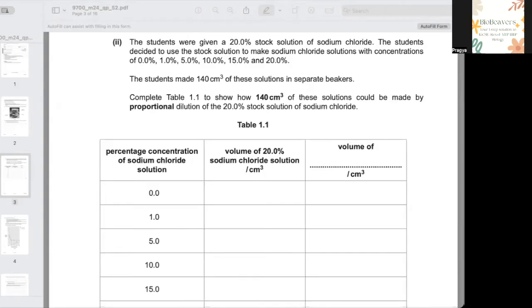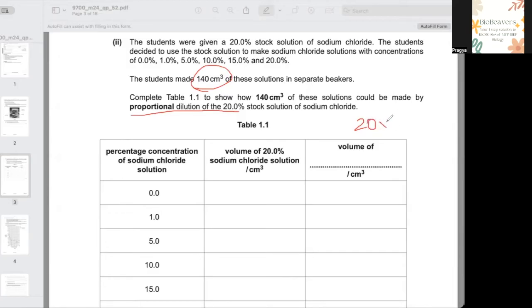Students are given a 20% stock solution of sodium chloride, and the student decides to use 0%, 1%, 5%, 10%, 15%, and 20%. Students make 140 cm³, so 140 is the total solution which is going to be made. Complete the table to show how 140 cm³ could be made by using proportional dilution. As I mentioned, this is an example of proportional dilution, so we are starting from the 20% stock solution.